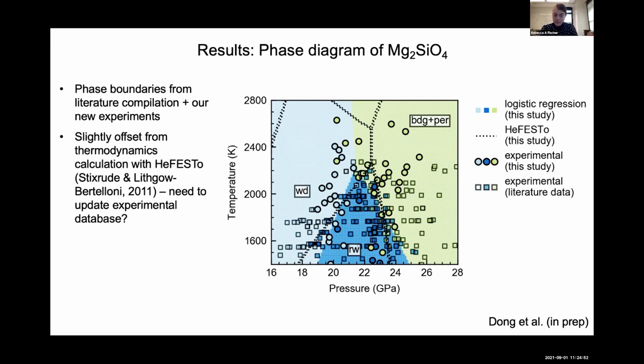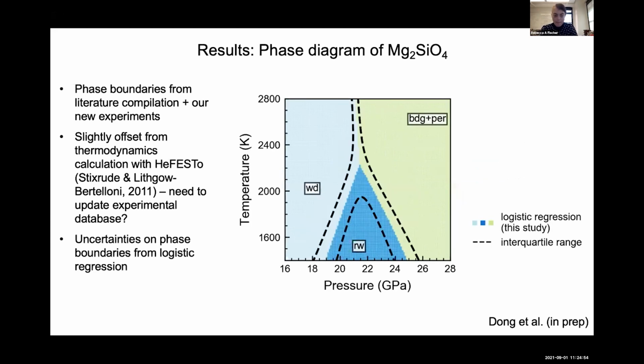So that's something we've been talking to Lars Stixrude about. And here, I've just removed the data points themselves from that figure, so you can still see the stability fields. And now these dashed lines here are the uncertainties on the phase boundaries that we got from the interquartile range on the logistic regressions.